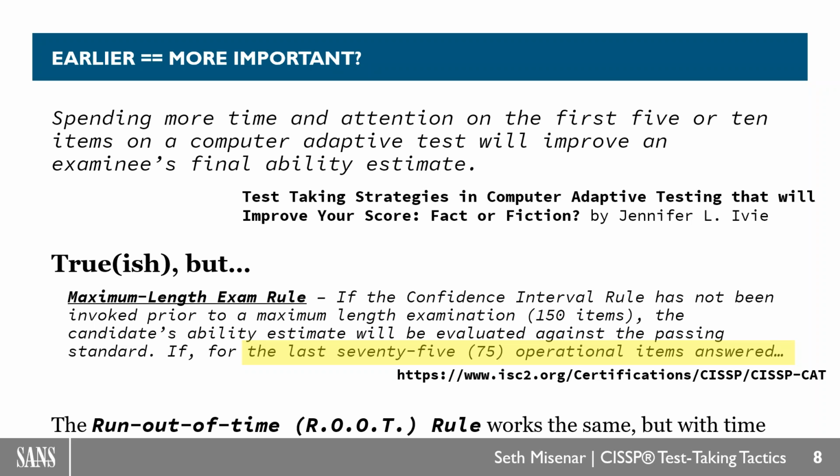In some respects, that mitigates the importance of those early questions, maybe, but it doesn't, because those early questions could typically mean that you're going to end up with that confidence interval rule. Most students do not get to 150 questions. Likewise, most students, this last one in particular, run out of time. It's the, hey, you didn't get to 150 questions, but you hit 3 hours, which is the maximum time for that exam, and it's going to look at the last 75 operational items answered.